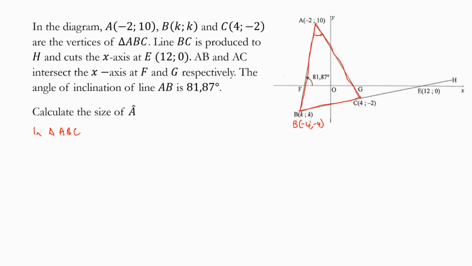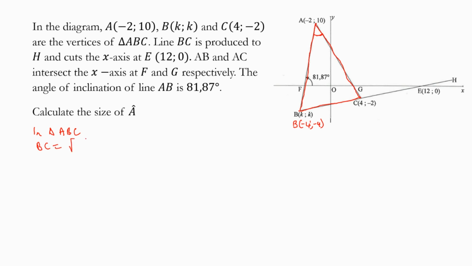So we can find the lengths of the sides of the triangle here. Let's start with maybe BC. What is the length of BC? We can put this in the calculator. Remember the distance formula. I'll just show you for BC.